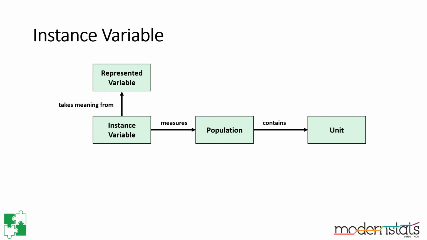And the population includes time and geographic boundaries. And the population contains units, and the units are for the population persons in Finland in 1st of January 1970. It could be Hans, Eva, and Johan if they were persons in Finland.